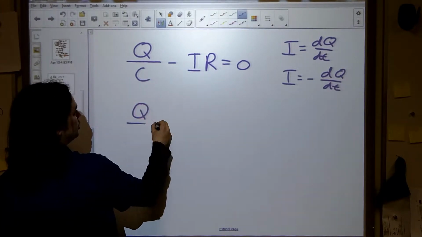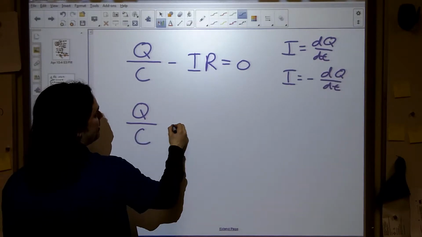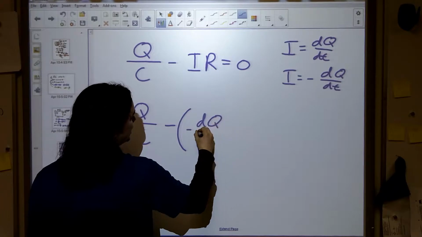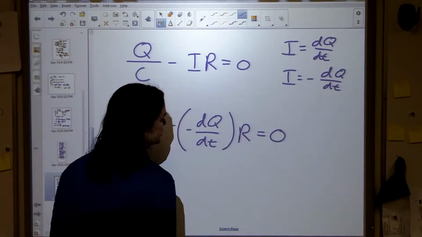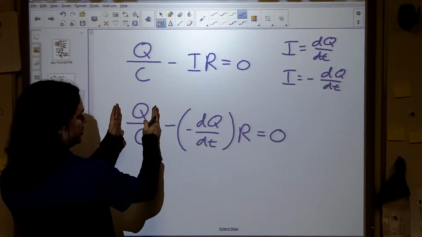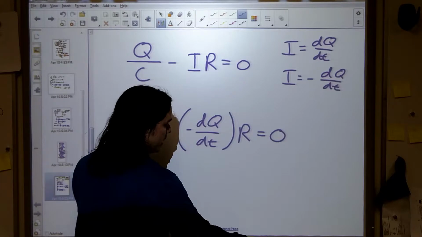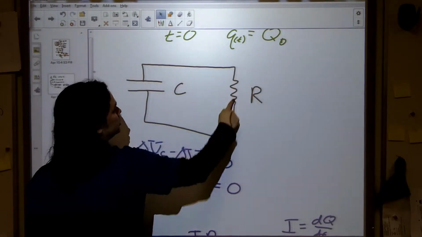So we've got Q, the charge on the capacitor at some given point, divided by C, minus the current, which is negative for this case, dq dt, times R equals 0. This is my loop rule. Potential across the capacitor minus the potential across the resistor must equal 0 because that is how I will end up with a closed loop.